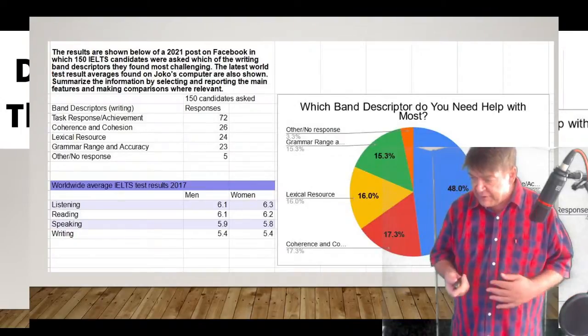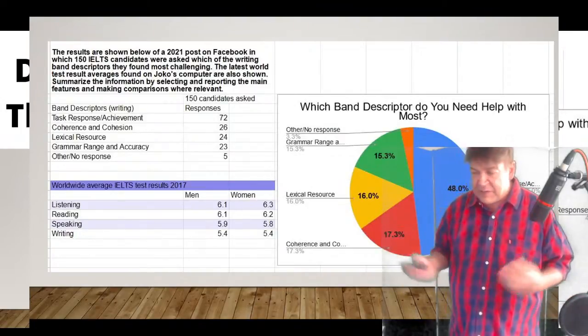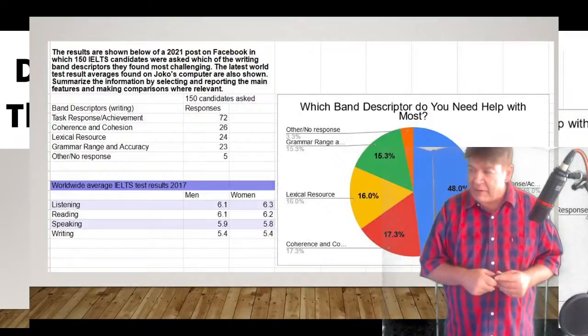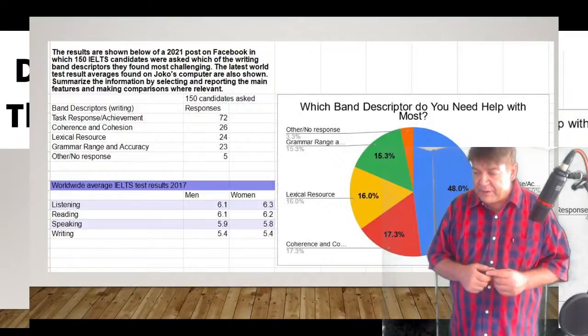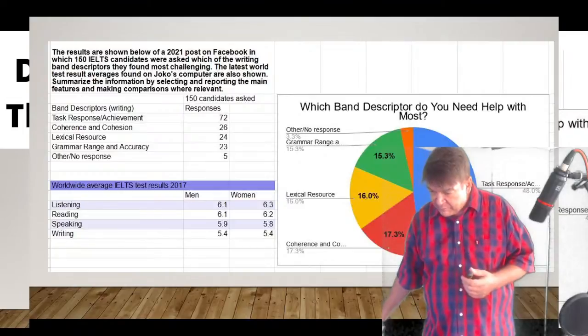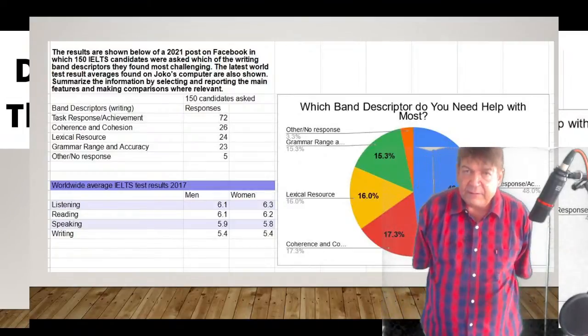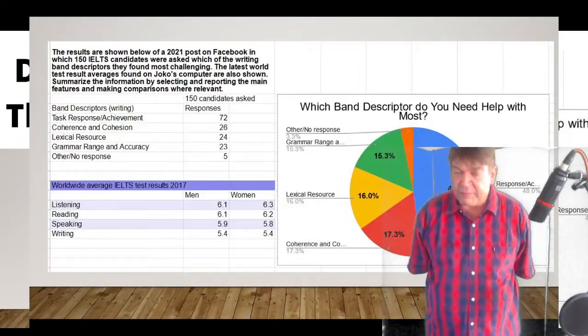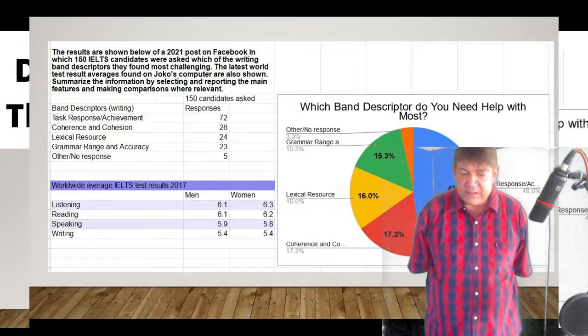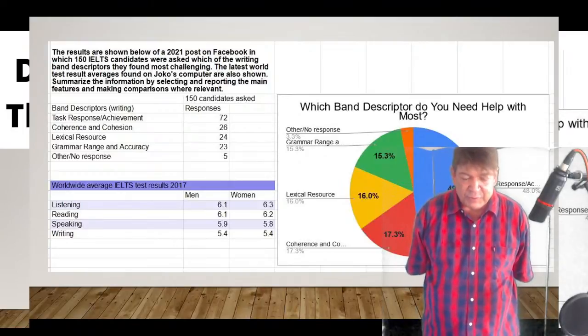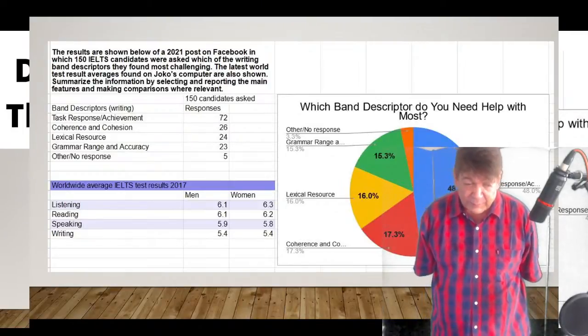Now, if you look at the numbers, the students here, the IELTS tips and tricks, they had the most problems with it. And then the numbers here in the table show us that writing is a full half band less than the other responses. Now, those are numbers based on memory. They're not exact numbers.